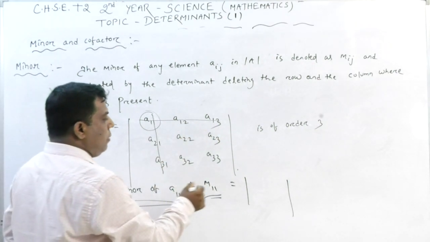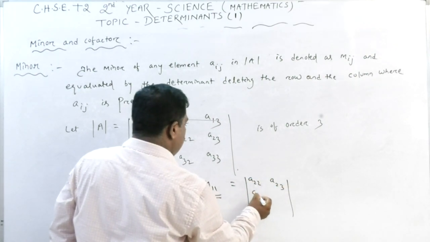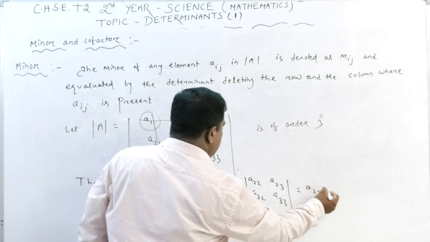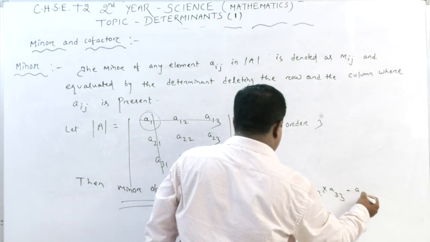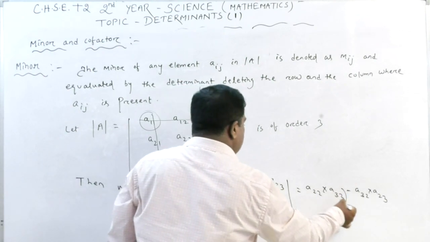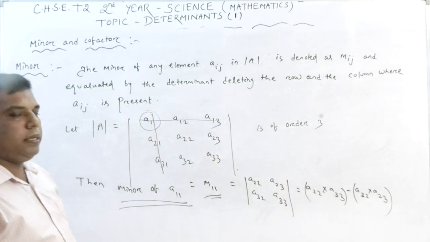So the determinant value obtained is A22 multiplied with A33 minus A32 multiplied with A23. So this is the minor of this element.